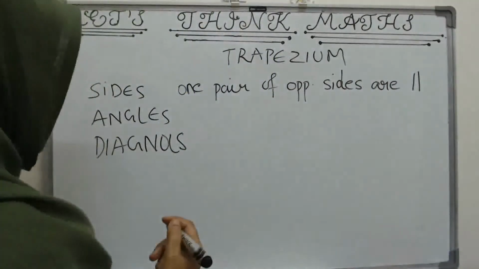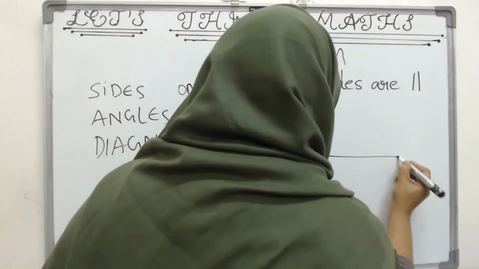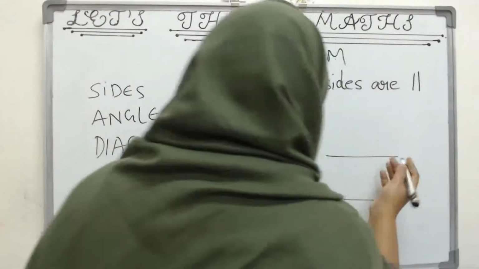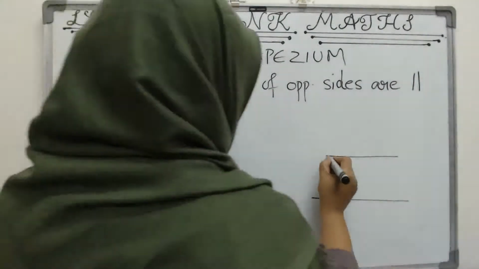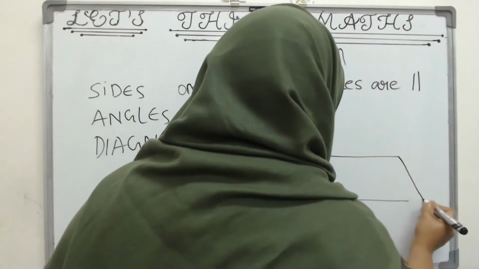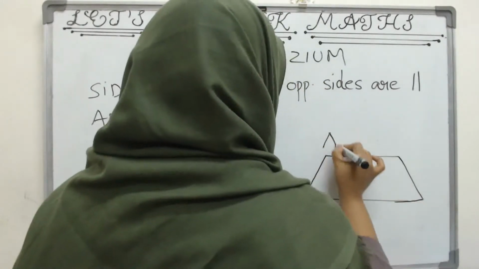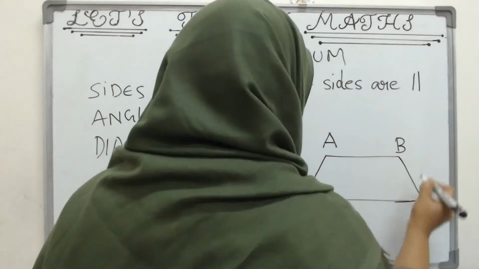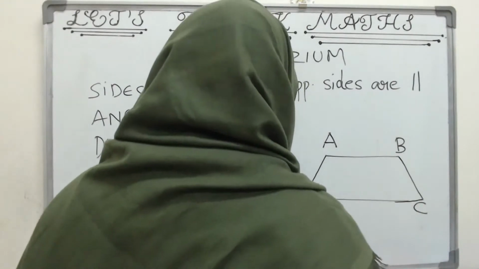So, how will that look like? This is how parallel lines look like, right? So, draw two parallel lines and join them. You have a trapezium. Let us name it A, B, C, D.